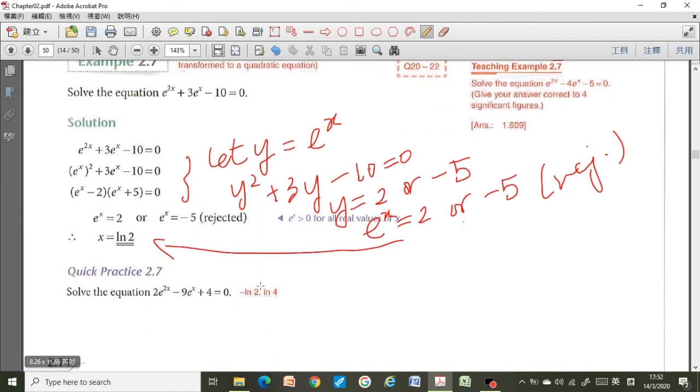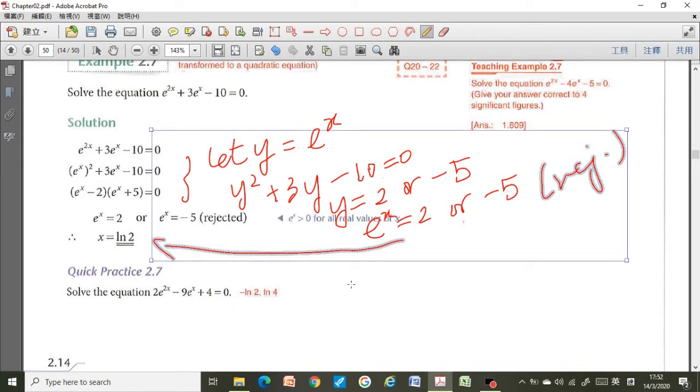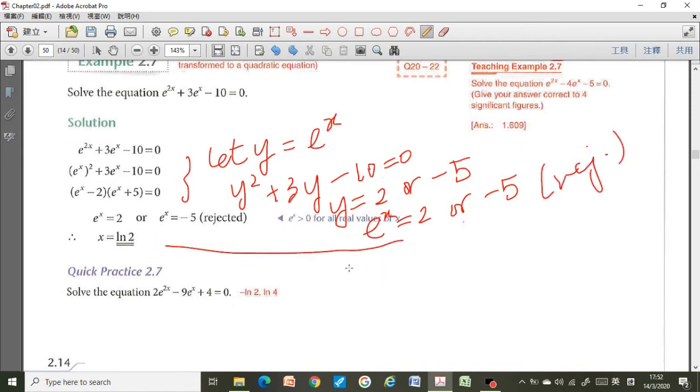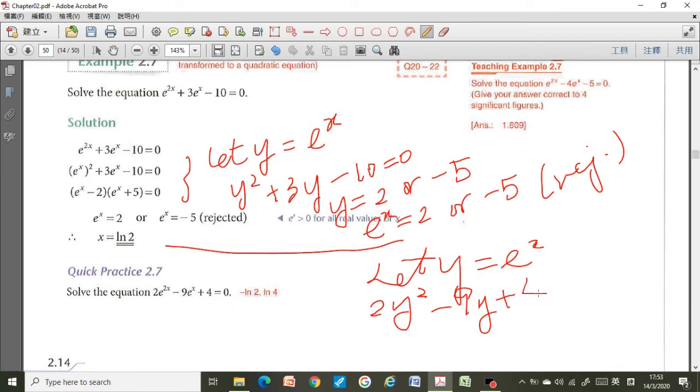Let's look at this one. If you are not familiar with the expression like this, you will write down like this. Let y equal to e to the power x. Then this one is 2y squared minus 9y plus 4 equal to 0.